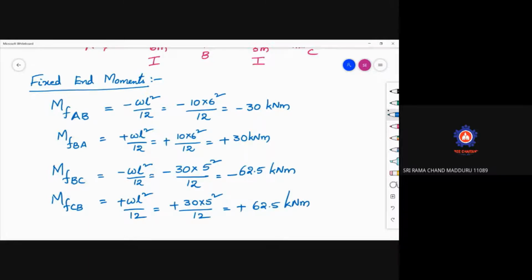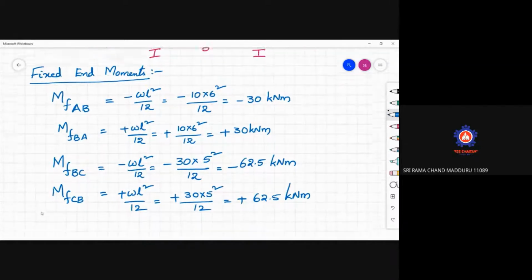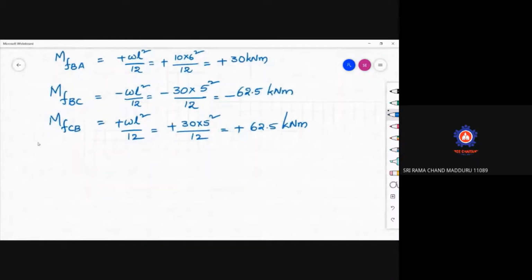Now in the next step we need to calculate distribution factors. Keep a heading: distribution factors.